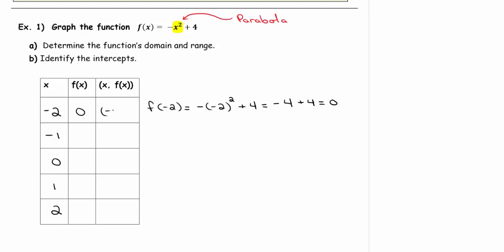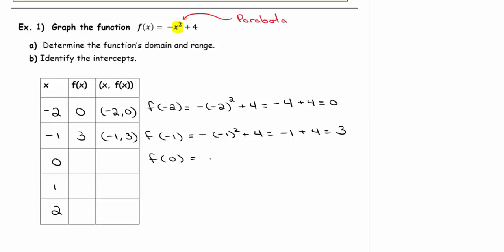So that ordered pair is going to be -2 comma 0. And now I'm going to substitute -1 for my x. So this will give me -1 plus 4, which is 3. So my next ordered pair will be -1, 3.